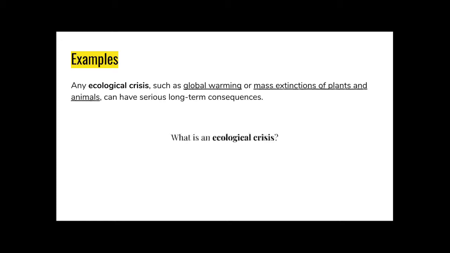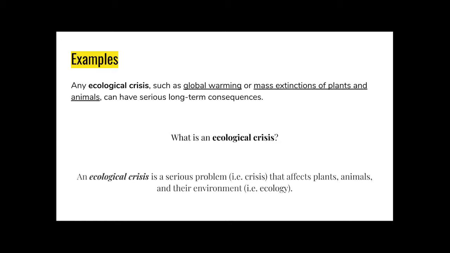Well, the passage specifically states 2 examples of an ecological crisis, such as global warming or mass extinctions of plants and animals. Given this information, we can determine that an ecological crisis is a serious problem that affects plants, animals, and their environment.